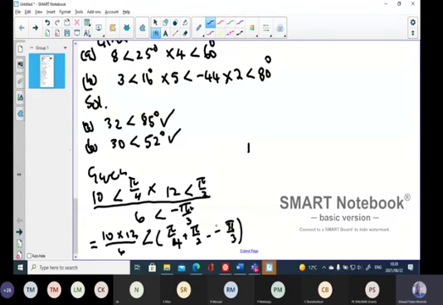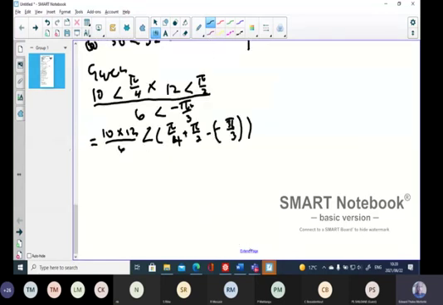And then it simplifies to 20, is it 20? 20 here. And our angle is 13 pi over 12. Okay, so 13 pi over 12 in degrees is equivalent to what? No, let's leave the degrees.